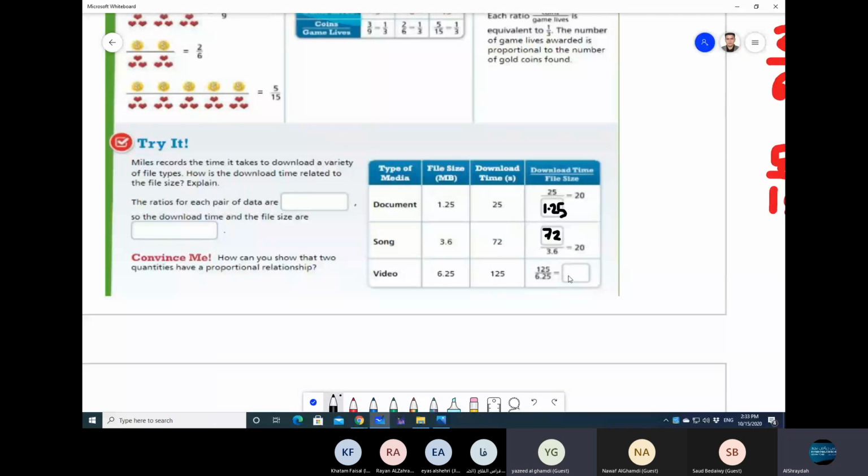So here also 20. So we can say the ratios for each pair of data are 20, 20, 20. So the ratios are equivalent.